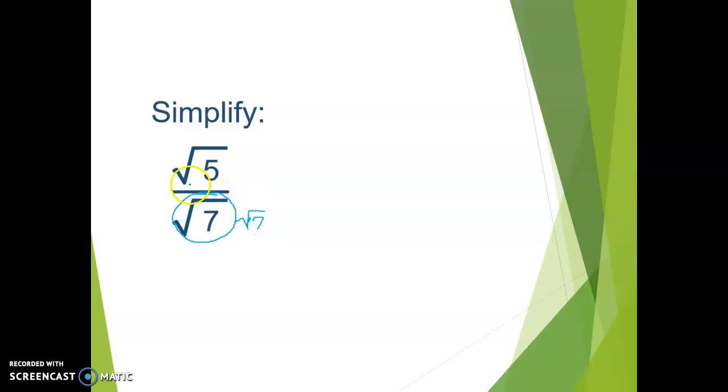The square root of 7 times the square root of 7 is just 7. Now we can't just multiply the bottom, because whatever we do to the bottom, we also have to do to the top. So we have to also multiply the top by the same thing. Now here's a quick question. Back when you first learned about fractions and division, you learned that anything divided by itself is equal to what?